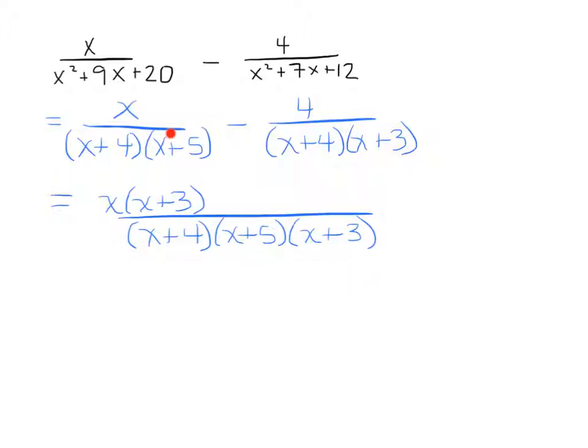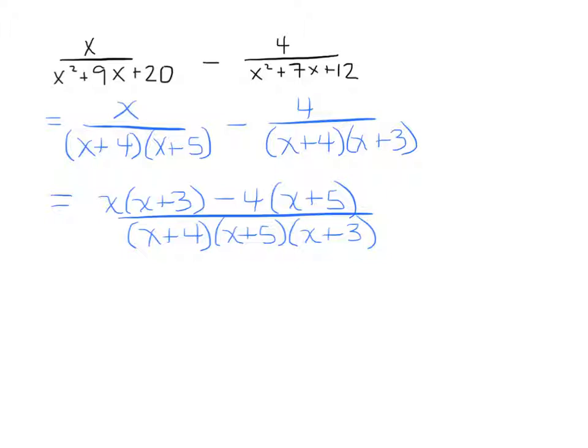So that's what we have to multiply this denominator by to change it into this one. So the other one already has x plus 4, and it has x plus 3, so it has to multiply by x plus 5, right. This one's actually a little easier than the previous one. Although we'll see how it turns out in the end.